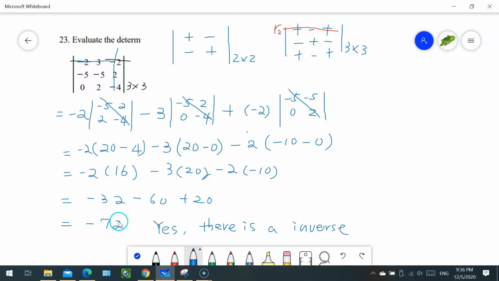When the final result is a number, it could be positive, it could be negative. It doesn't matter. When you have a number at the end, that means the 3 by 3 square matrix has an inverse. If the outcome turns to a 0, that means there's no inverse of the square matrix.